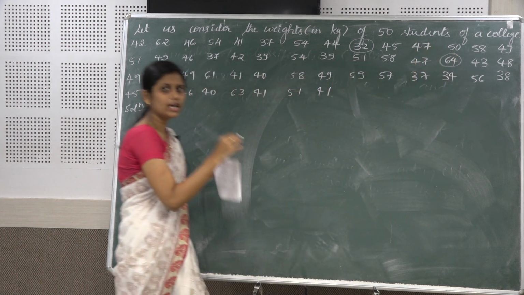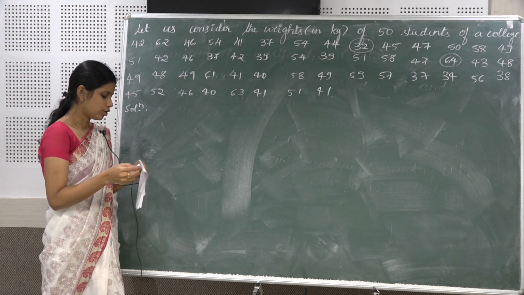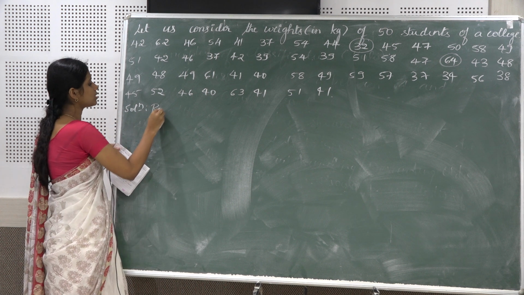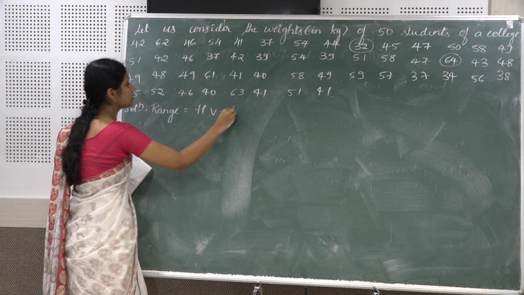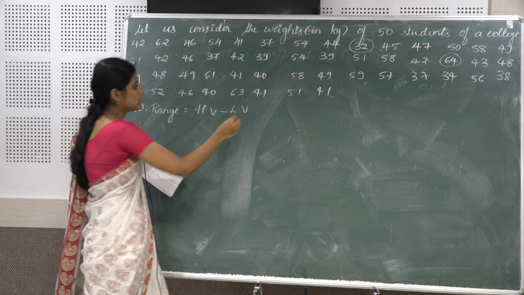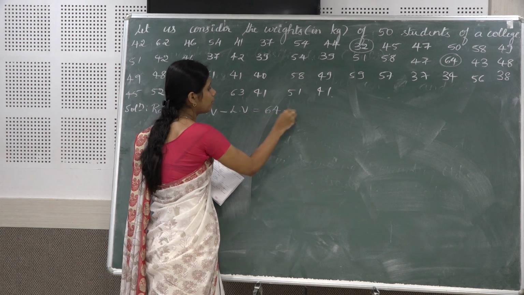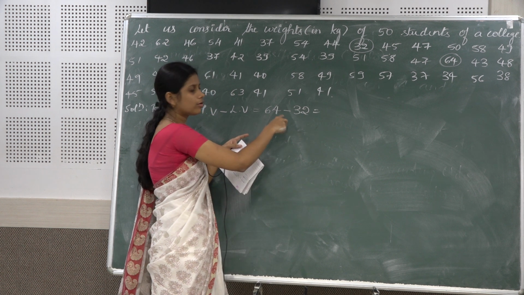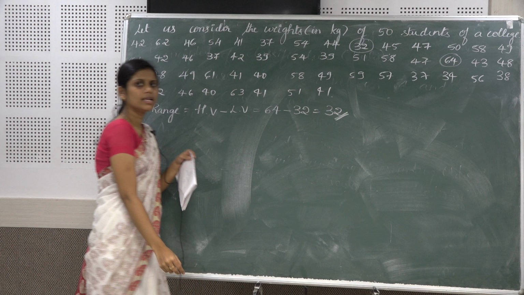So range is equal to highest value minus lowest value, that is 64 minus 32. When you deduct, it will be 32. So the range of the data is 32.